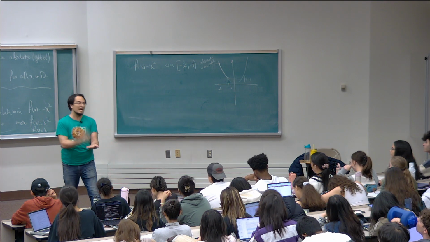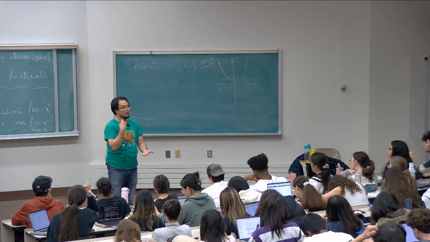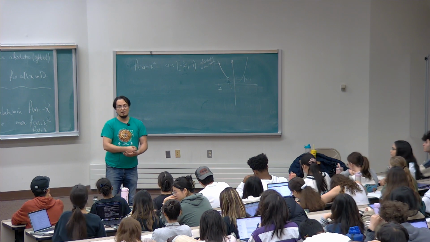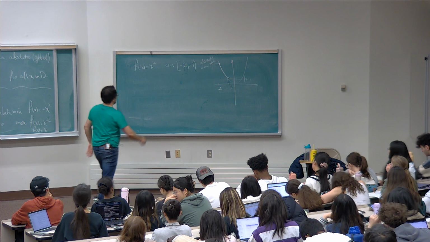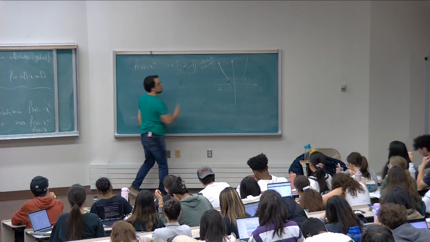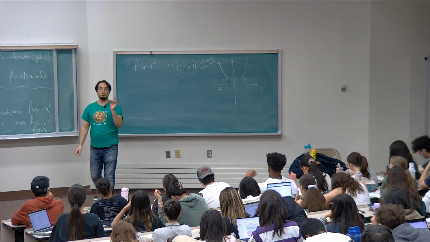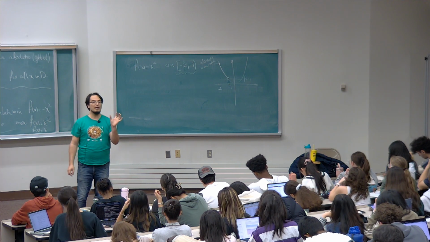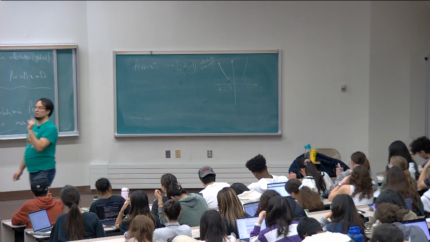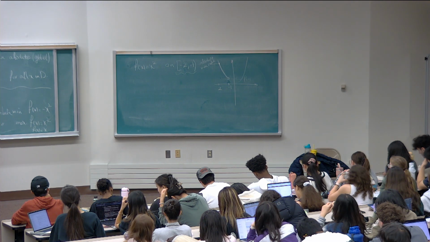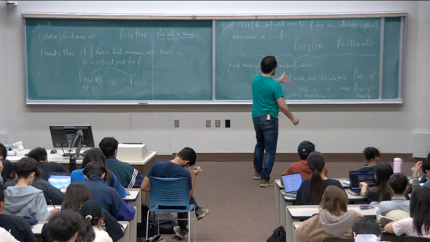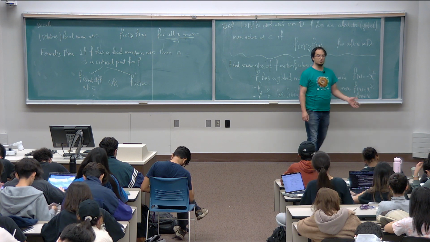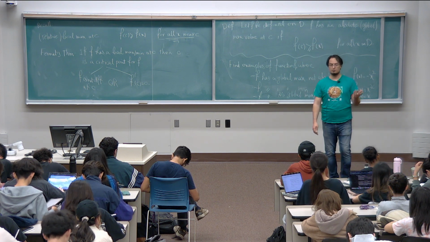We can get as close as we want to that value, but we never can have that value. This example shows that when you're talking about absolute max and min, the domain plays a very important role. And as you can see, in general, there is no guarantee that a function will have an absolute max or absolute min.